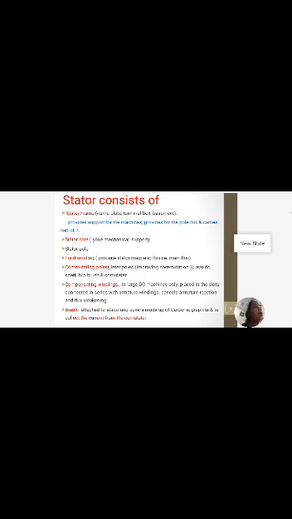And next, coming to the field winding. The field winding is wound on the pole core with a definite direction. The function of the field winding is to carry current, due to which the pole core on which the winding is placed behaves as an electromagnet, producing the necessary flux.